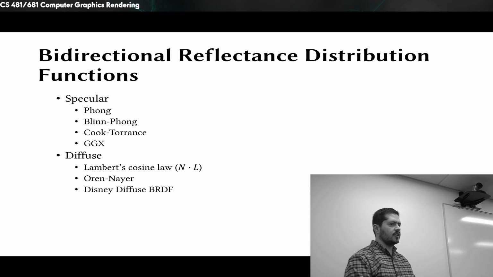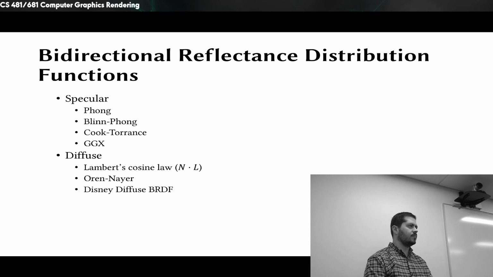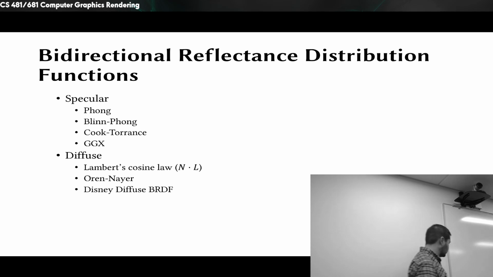It represents the cosine of the angle between the normal and the light source. Yes, and what is the normal? The normal is the ray perpendicular to the surface.